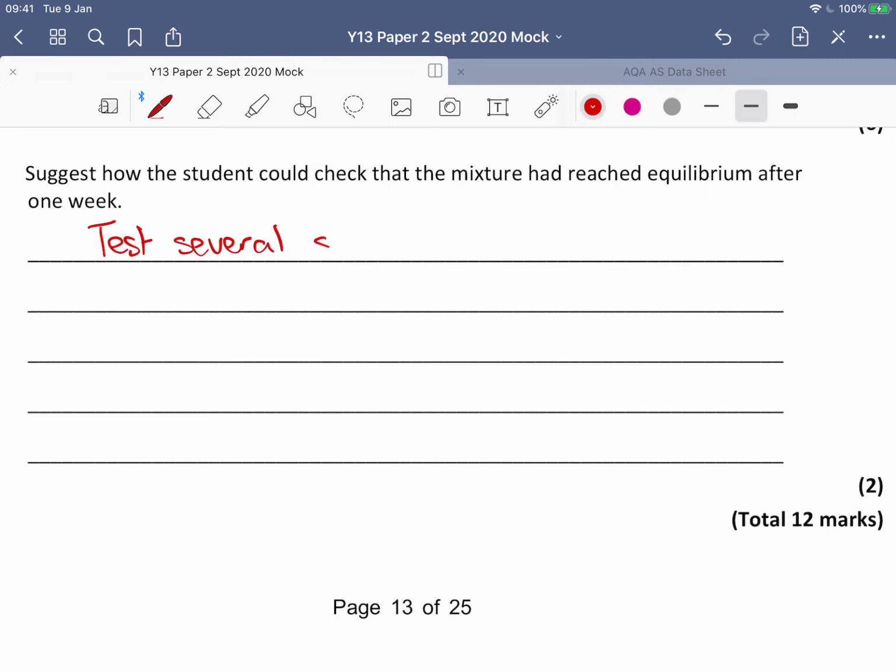Now, you could argue that it's implicit that you're doing this after 1 week, but it probably doesn't do any harm to spell that out. Test several samples with at least one of these, how do we phrase it, with at least one of these or at least one tested after a week.